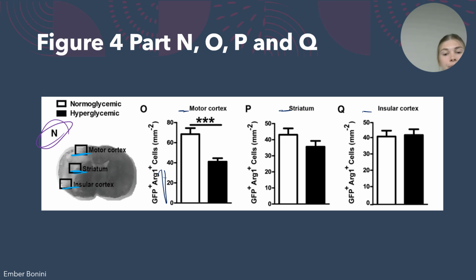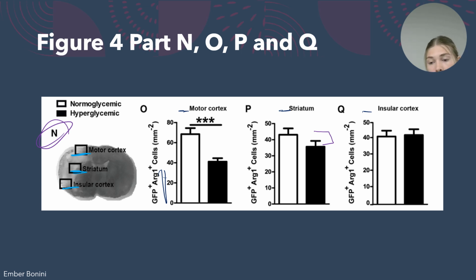And then even though in figure P it has an increase between the 2, it's not that great. So yes, it is showing that the striatum does change and that the normal glycemic conditions are a lot better for controlling the brain and then the inflammatory process in there. It's not as much as what we can see in the motor cortex, which is going to be the main part looked into.